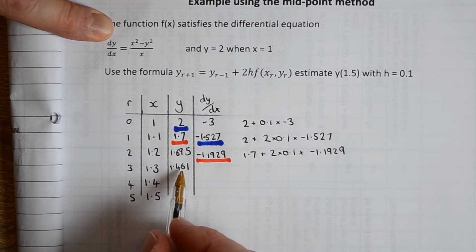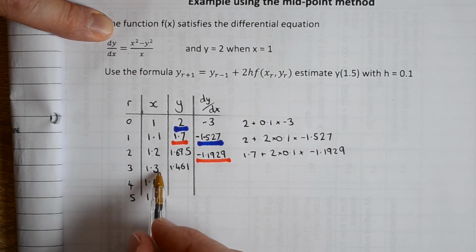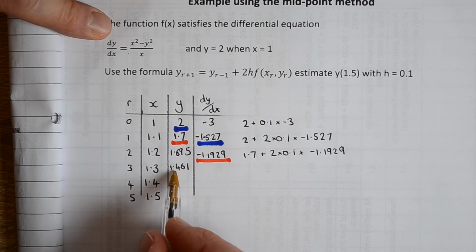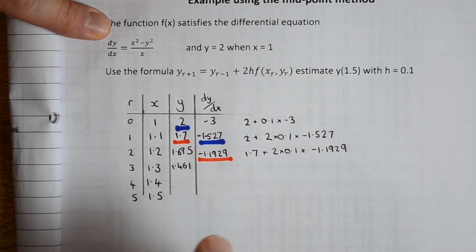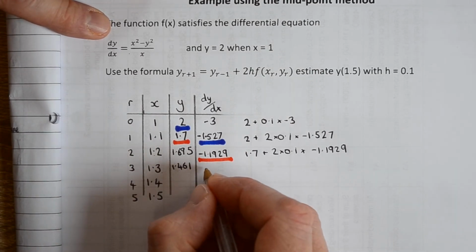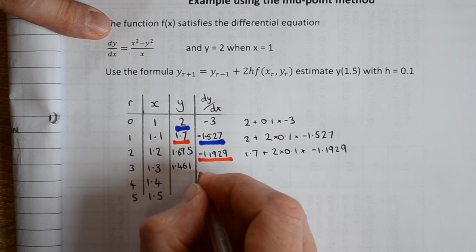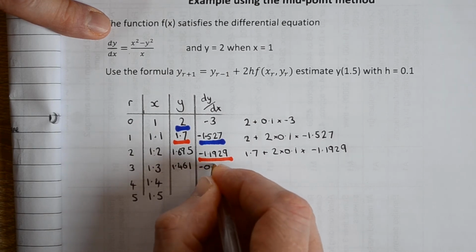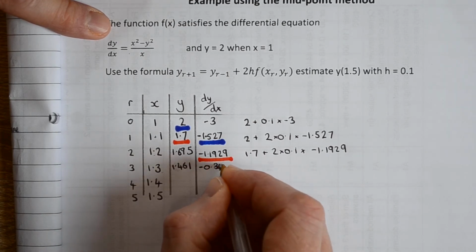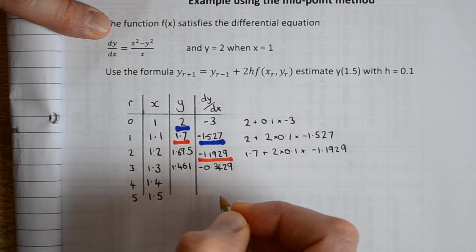Now we found the x and the y value for this third new point, then we can find out our gradient at this point, x squared minus y squared all over x, and that is going to be -0.3429. Great.